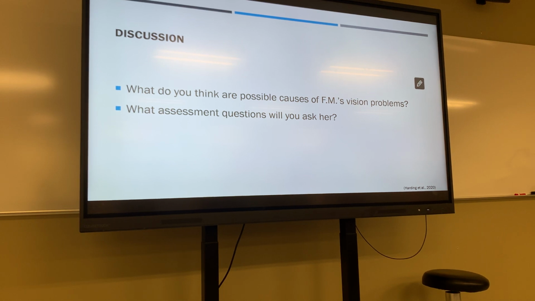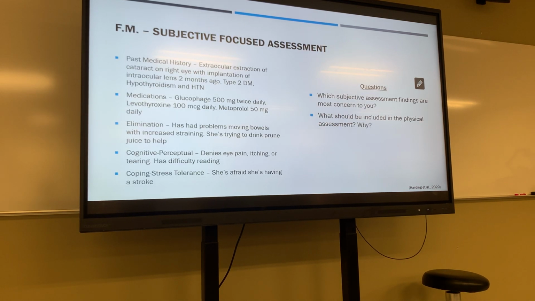Okay, so all the questions. This is what she says and what her history includes. So she did have cataract surgery 2 months ago. She does have diabetes, and she does have hypothyroidism too, because remember, the thyroid hormones are linked to vision and eye changes. She's on Glucophage for her diabetes, levothyroxine for her Synthroid, and then metoprolol because she's got hypertension as well.